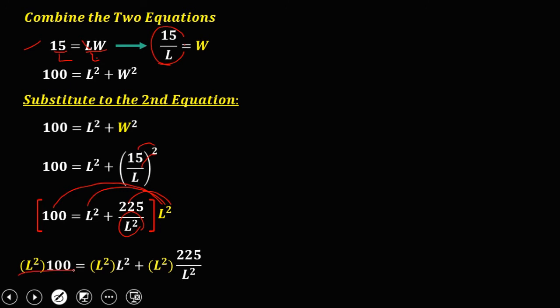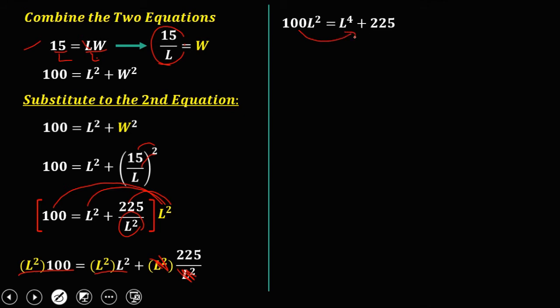L squared times 100, and L squared times L squared, that's L to the power 4. Cancel this L squared, so we have this 225. Then equate this equation to 0. Transpose this 100 L squared to the right. So 0 now equals L to the power 4 minus 100 L squared plus 225.